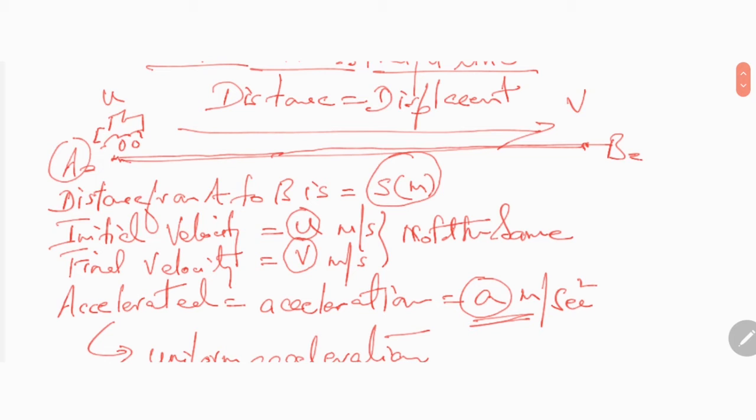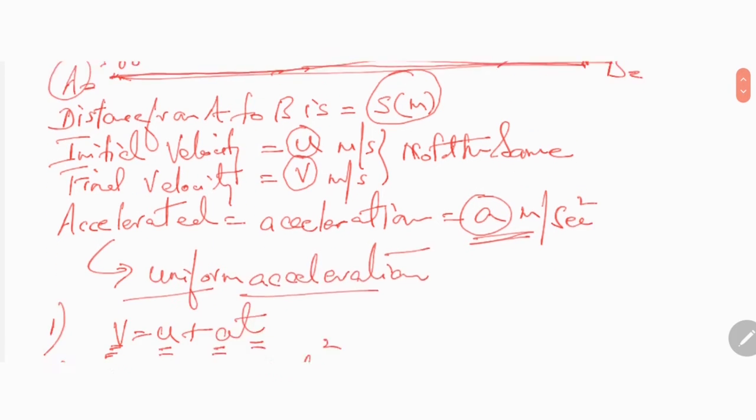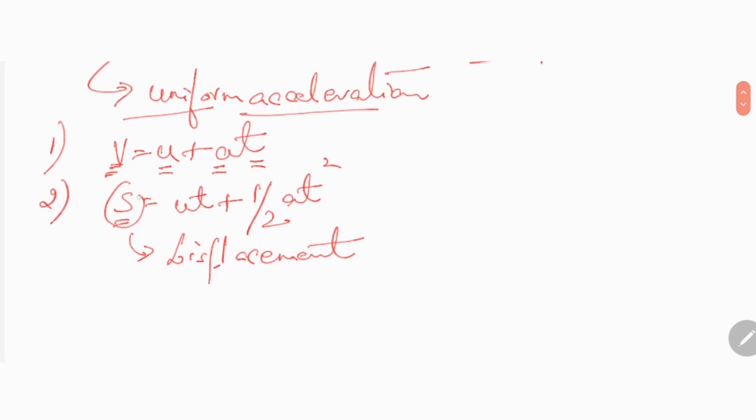For those of you who don't understand this concept, you will have to go back to my video on vectors where I have explained the difference between displacement and distance. Basically, distance is just the summation of what you travel. Displacement is the difference between your final position and your initial position. So moving forward, in this case, this s is displacement.